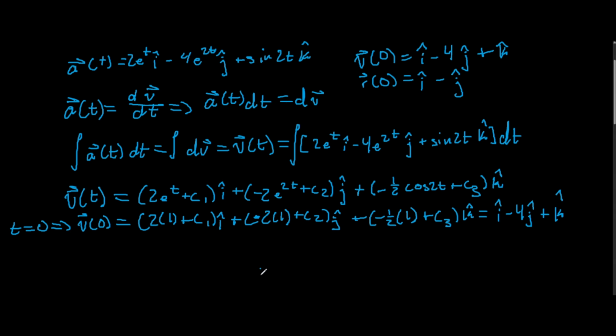Then we can turn them into something like a system of equations, where it's not exactly, but we're going to get 3: the i, j, and k ones. So the first one is going to be 2 plus c1 equals 1, because that's the coefficient of i in the initial condition, which gives c1 equals -1. 2 plus c2 equals -4, and that means c2 is equal to -2.